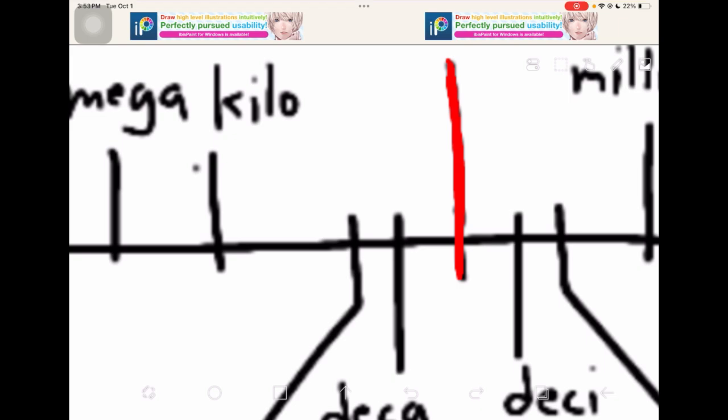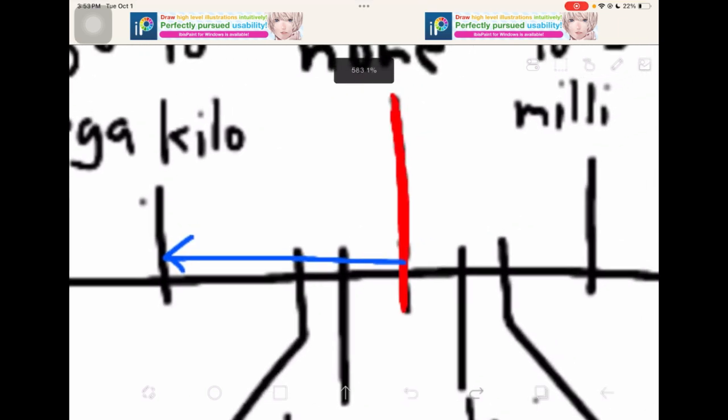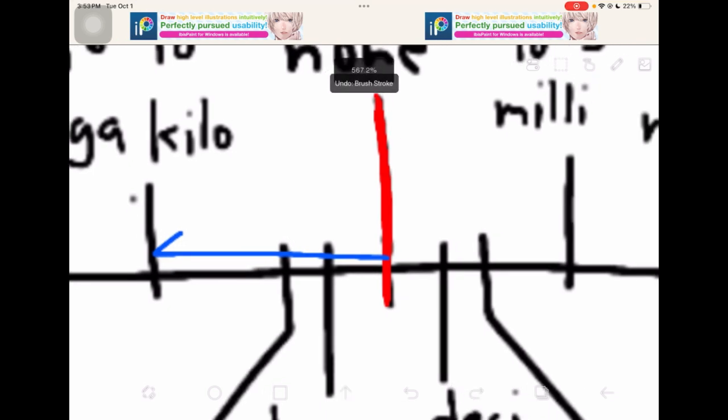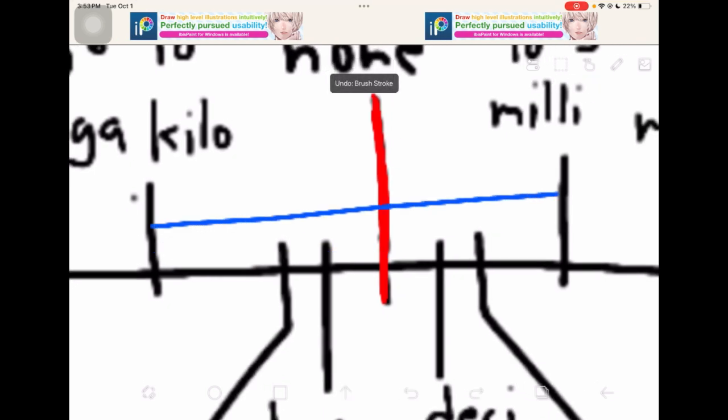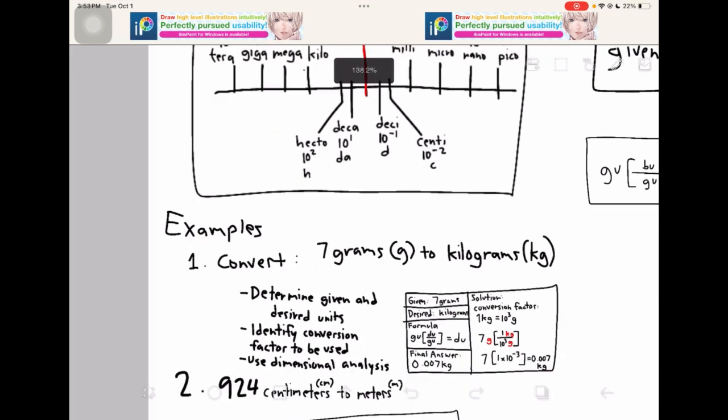We never really cross this red line, because once you have to convert something like, let's say, kilo to milli, that's when we have to do an extra step because it crosses the base unit. But in this case, we don't have to do this.